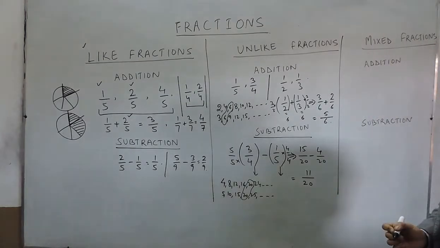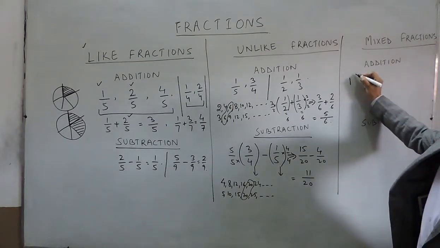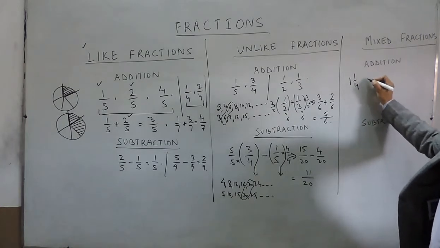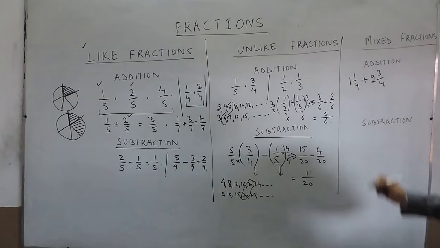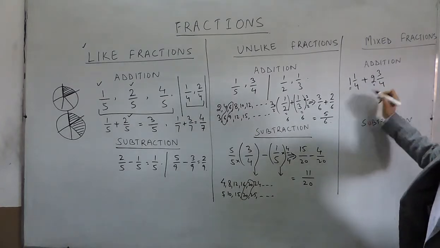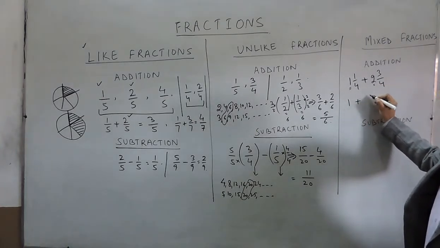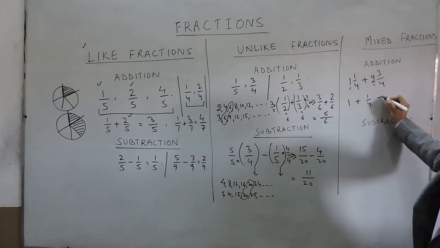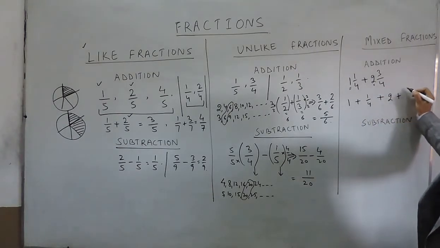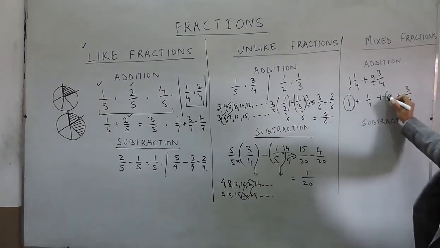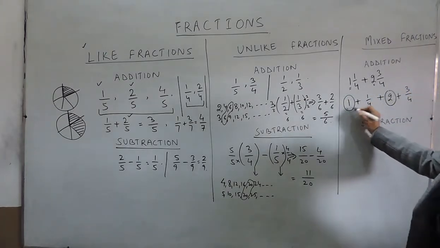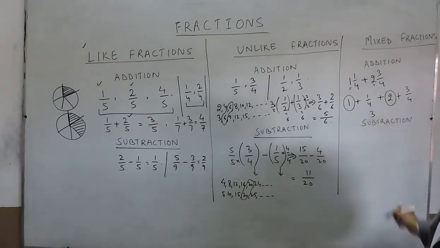Now, if we talk about mixed fraction, it is something like 1 and 1 upon 4 added to 2 and 3 upon 4. To this we can say it is nothing but 1 plus 1 upon 4, then it is 2 plus 3 upon 4. So these numbers which are the natural numbers, we can add together, it becomes 3.